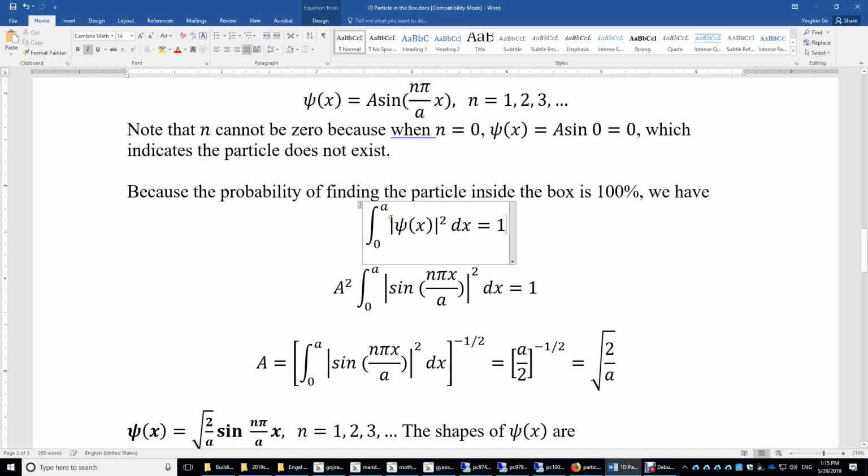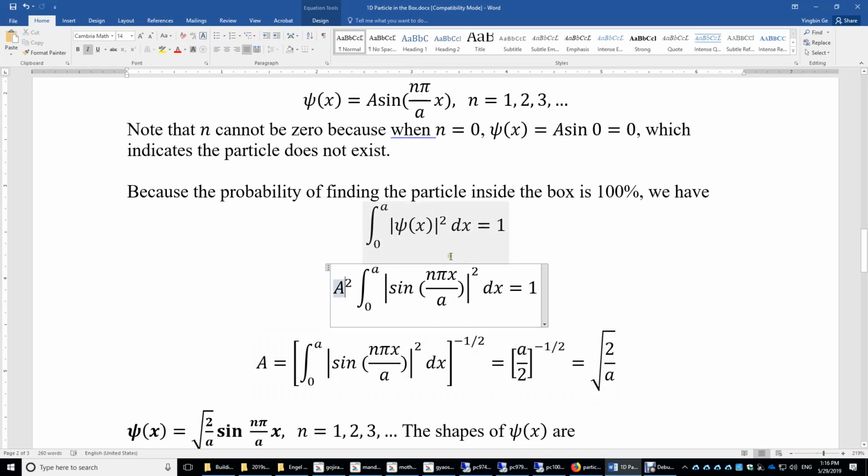And we plug in the expression of the wave function right here, and we have A squared times the integral of the sine squared function dx equals 1. This can be easily done if you know sine squared theta is equal to 1 minus cosine 2 theta divided by 2. And we just need to integrate this 1 minus cosine 2 theta and then divide the whole integral by 2. And we'll get 1/2 of a here.